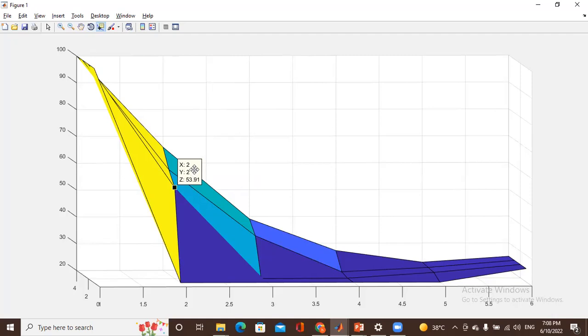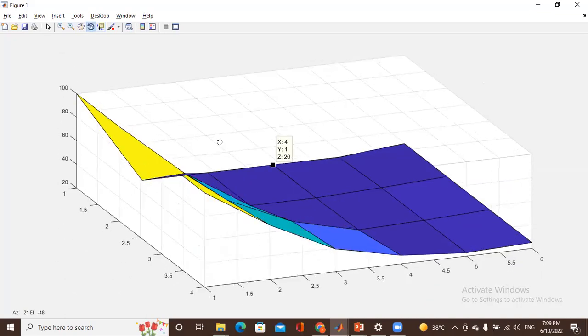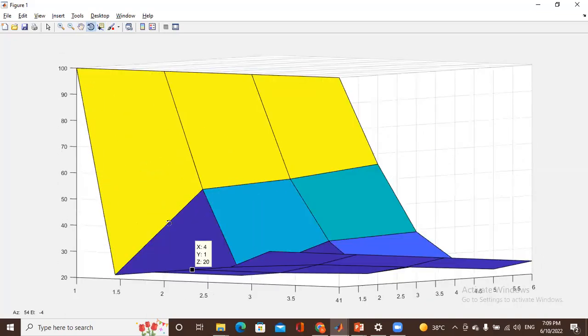So x is 2, t is 2, then the value of the temperature is 53.91. Suppose we click here. So x is 3, y is 3, the value is 34.37. Now we click here, x is 4, y is 1, then the temperature value is 20. So we rotate and we check all the values of each particular discretization.